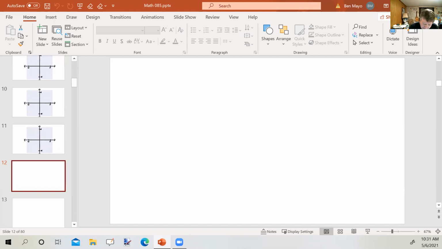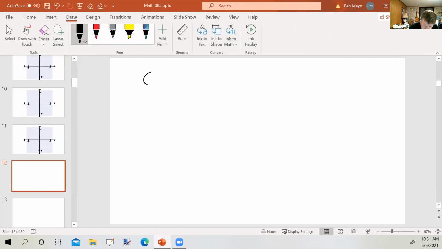If we have a product, let's say AB to the n power, so we have a product raised to a power, the rule says that we attach the outside power to each factor on the inside. So the quantity AB to the n equals A to the n times B to the n.